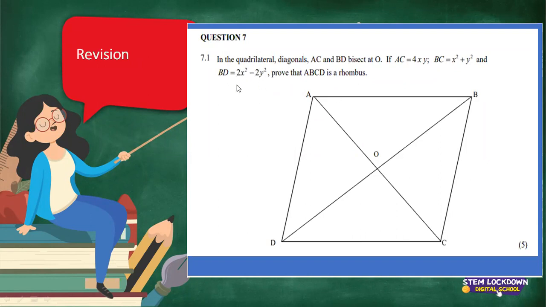You factorize and take out 2 bracket x squared minus y squared, then divide by 2. The 2 cancels out the 2, so we have x squared minus y squared. So this length here is x squared minus y squared, and this here is 2xy. And we have our BC as x squared plus y squared.